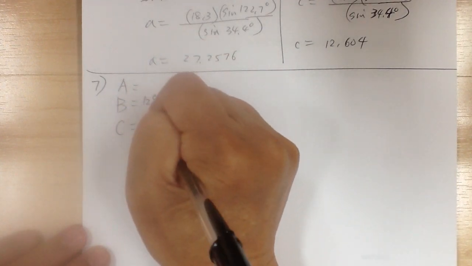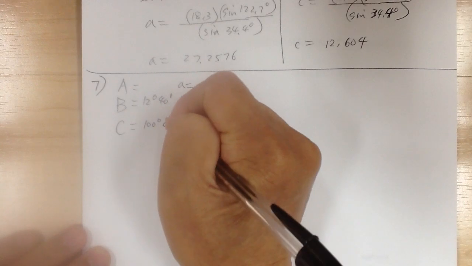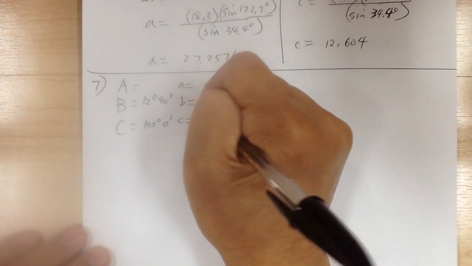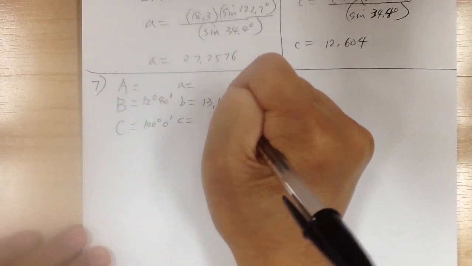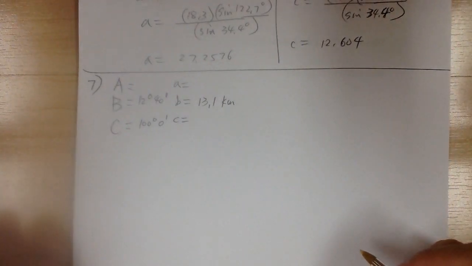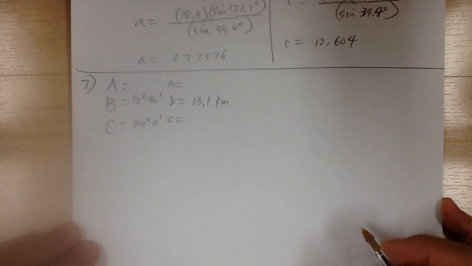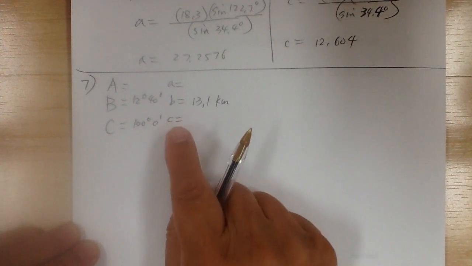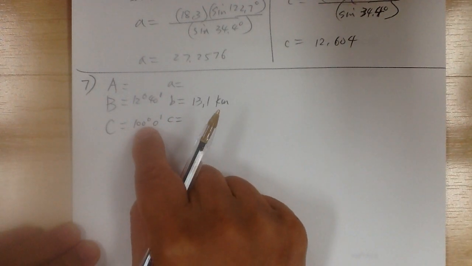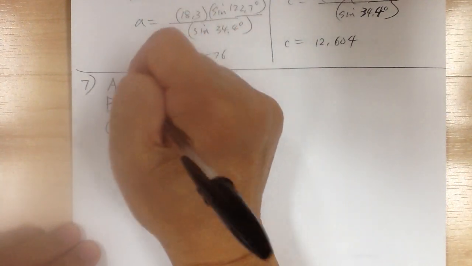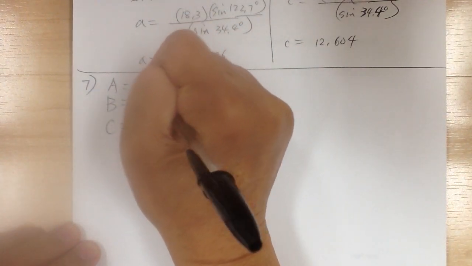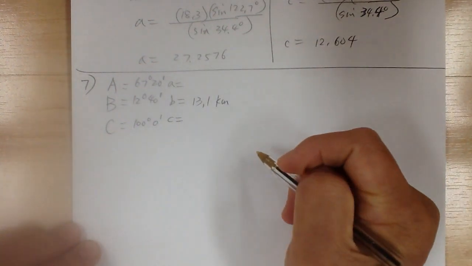C is 100 degrees and 0 minutes. And small b is 13.1 kilometers. Okay, so you can get your calculator. You use 180 minus B minus C, so you get A of 67 degrees and 20 minutes.